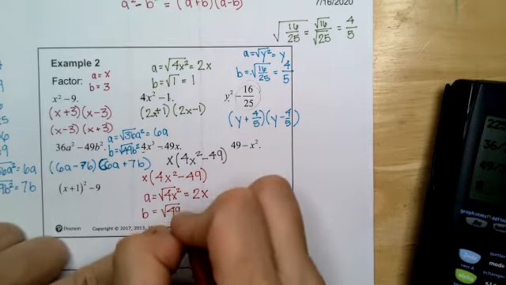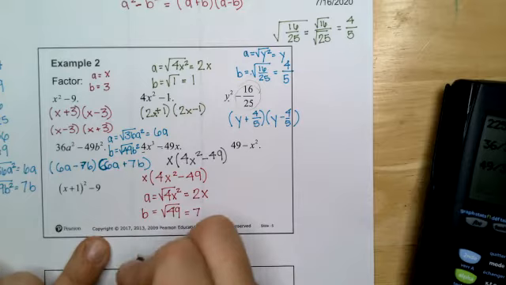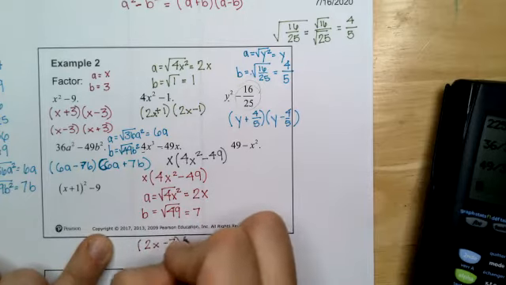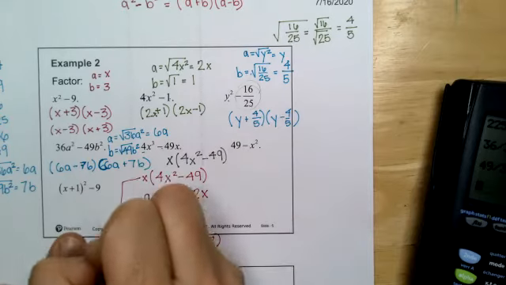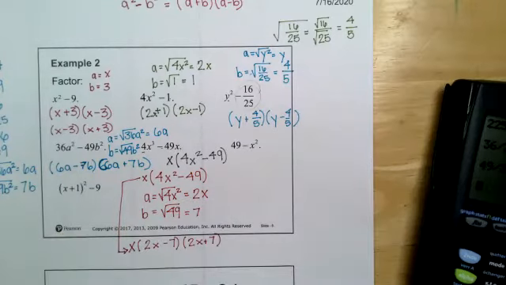Ignore the negative. The square root of 49 is 7. Good. So that means I have 2x minus 7 times 2x plus 7 with an x being multiplied by all of it. X times the quantity 2x minus 7 times the quantity 2x plus 7.